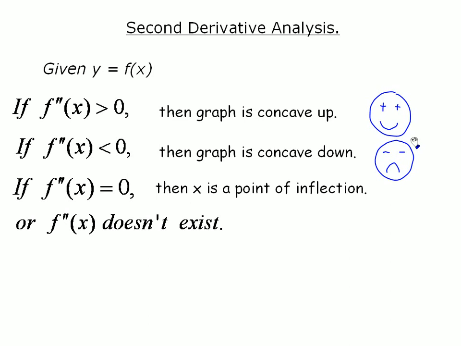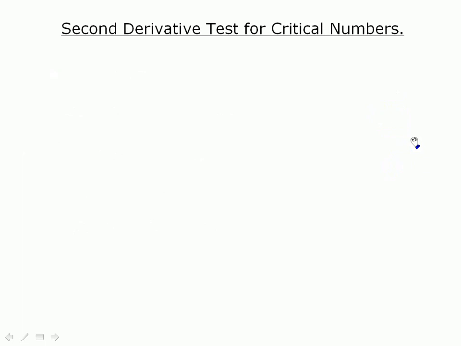So that's what we're going to be doing, is getting the second derivative, setting it to 0, and then identifying the point as a possible point of inflection or not. So we do it the same. The method is the very same as the first derivative analysis, except that instead of dealing with increasing or decreasing functions, we're dealing with concavity.